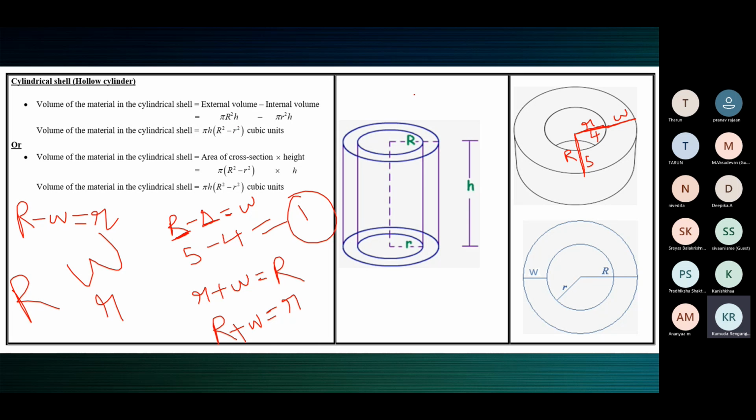See here, this is the capital R. From here to here is capital R. This full thing is capital R, the outer radius.